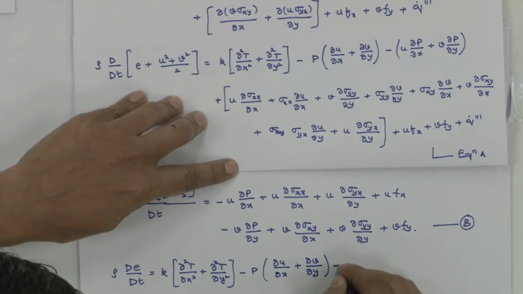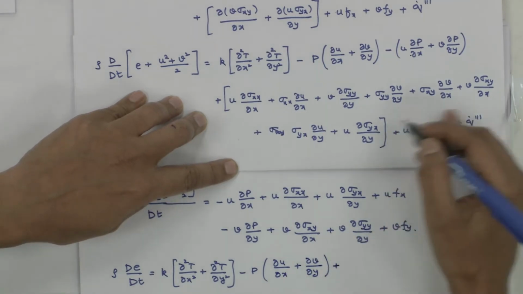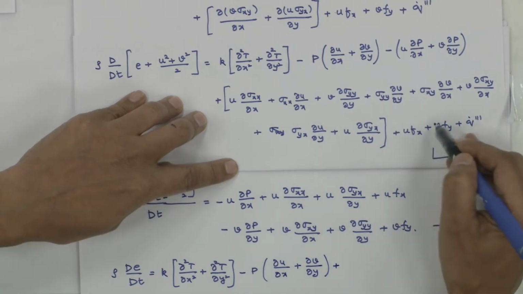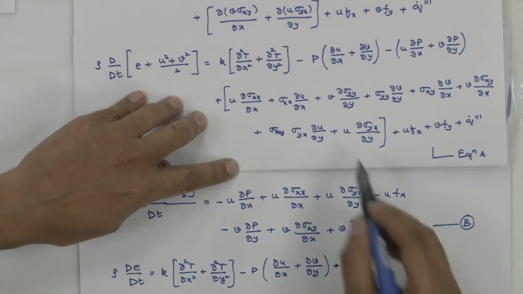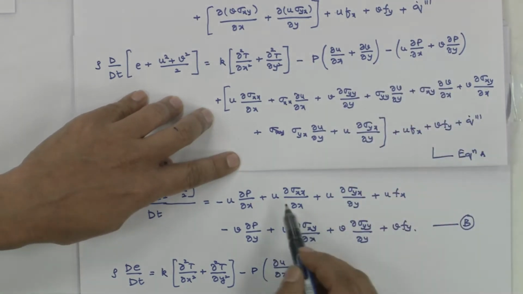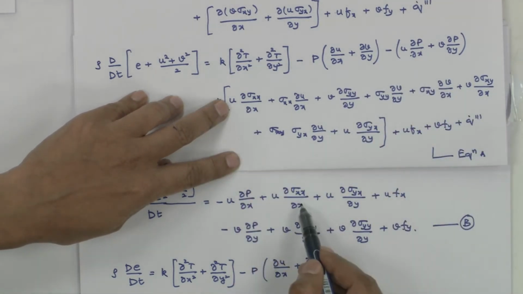plus, you notice here u fx and v fy will get cancelled out, and the terms u del sigma xx by del x as well.